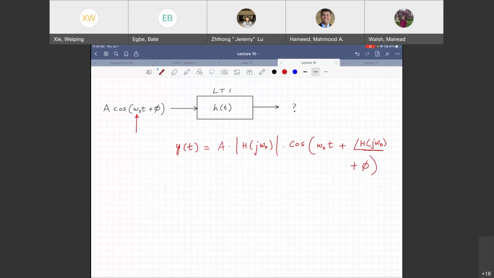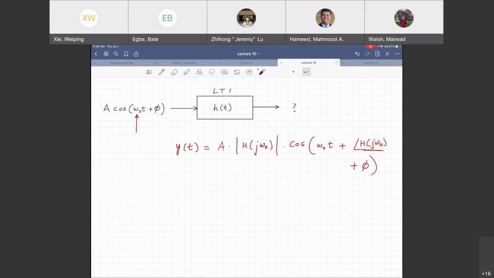The only thing that we had to evaluate is the Laplace transform of h of t. The moment you have that, that's it. You have this, you have this. Everything else is directly in the input signal itself, right? If you have, say, 2 cosine of 5t plus pi over 2, this becomes 2, this becomes pi over 2, this becomes 5t. And you will evaluate this at 5, and you will evaluate that at 5.